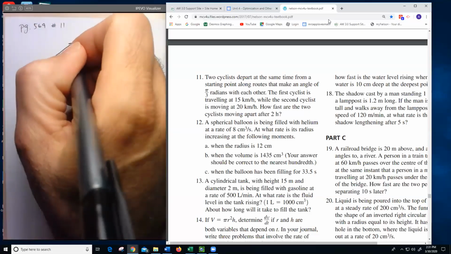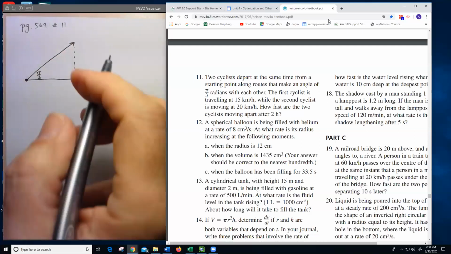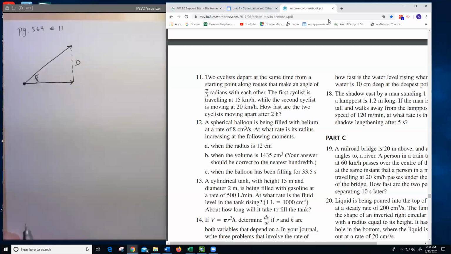And so here, what we're looking for is how fast the two cyclists are moving apart after 2 hours. So we want to know how this distance is changing with respect to time, all right?